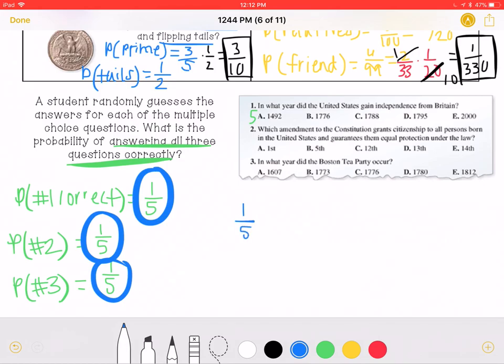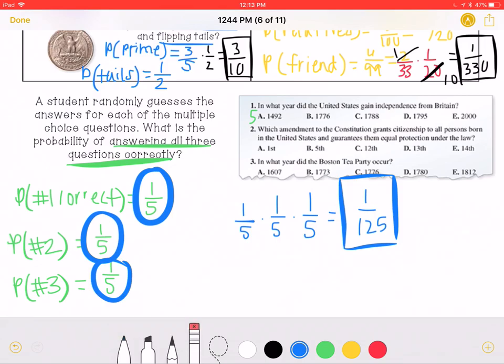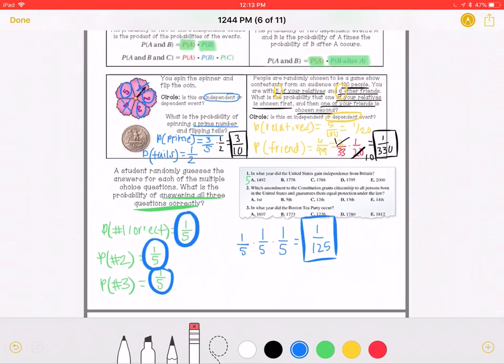Well, you have to multiply all of your probabilities together. You have a 1 out of 125 chance of getting those 3 problems correct. There's only one way to do it out of 125 different combinations. And that's it.